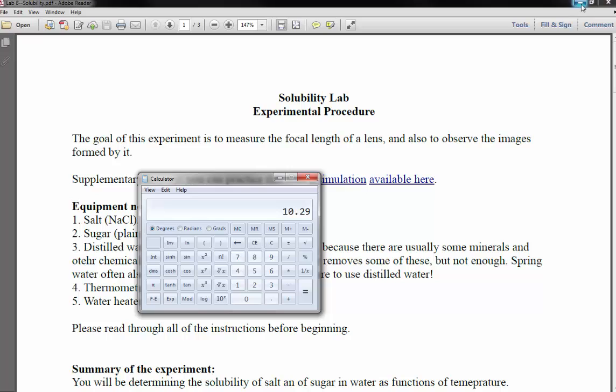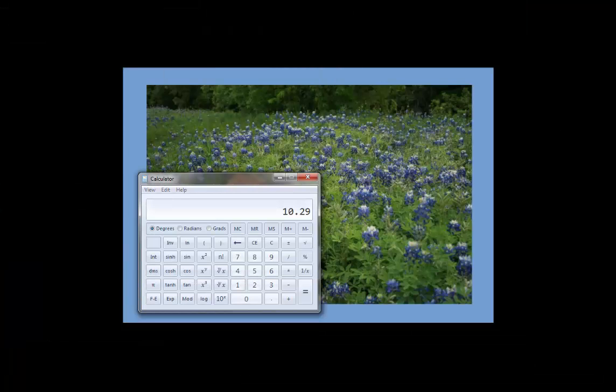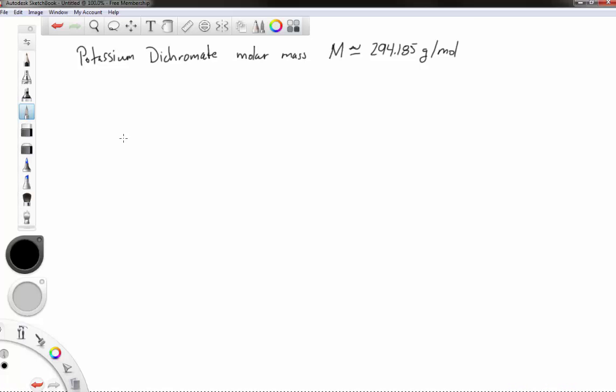So let's pull up our workspace, and we have saturation at 0.510 moles per liter of water. Alright, so that's the same as 0.510 moles per kilogram of water.